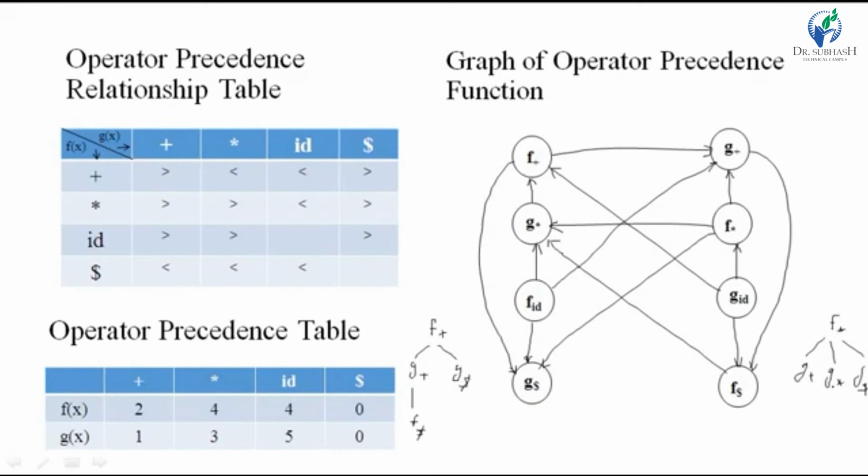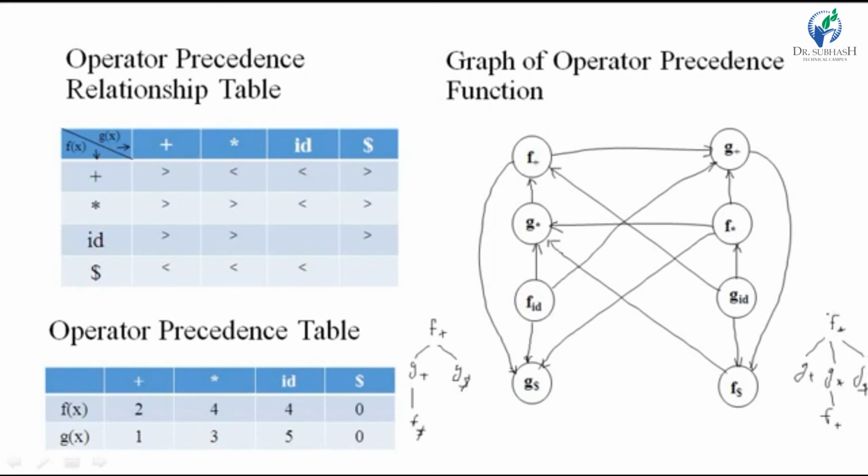Then after G star, from G star outer precedence is F plus. There is no other. So G star to F plus. F plus is 2, here you can find F plus 2, G plus, G dollar and G plus 2, F dollar.